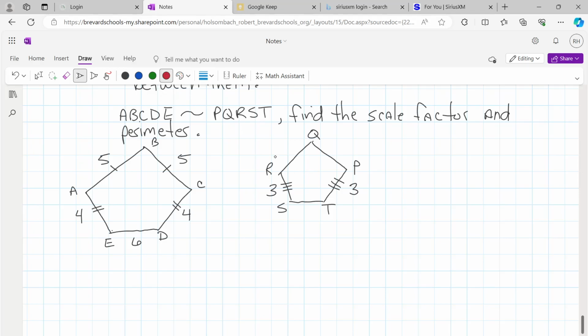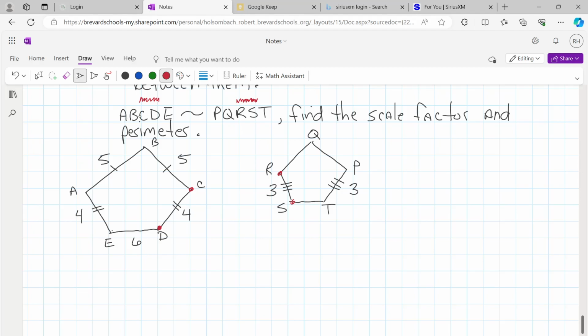Since we only have one dimension in the shape on the right, we've got RS right here. RS is equal to 3. And here's RS. Third and fourth letter in the description. RS corresponds to CD. All right. And C to D is 4. So our scale factor, remember our scale factor is the ratio of corresponding sides.